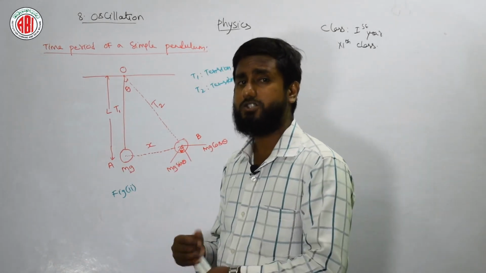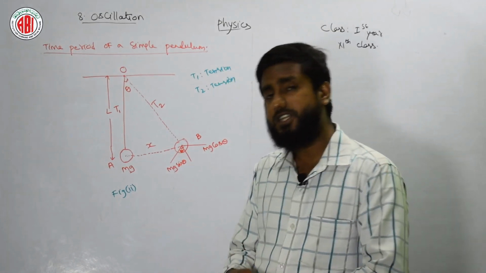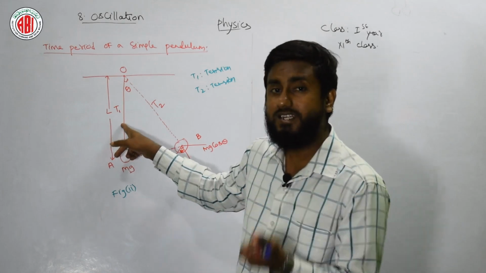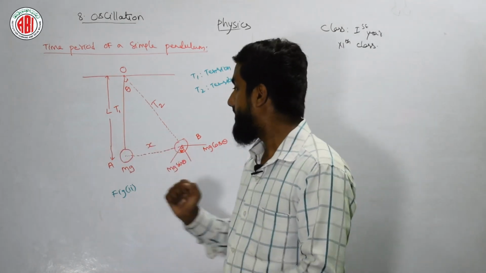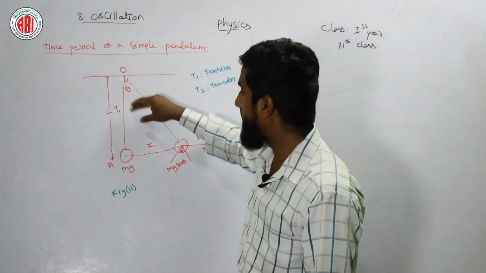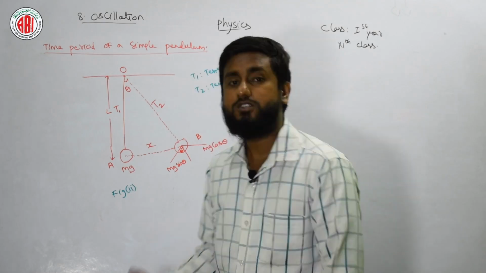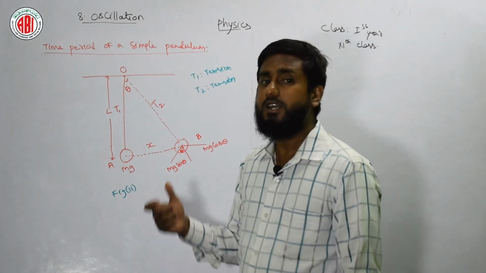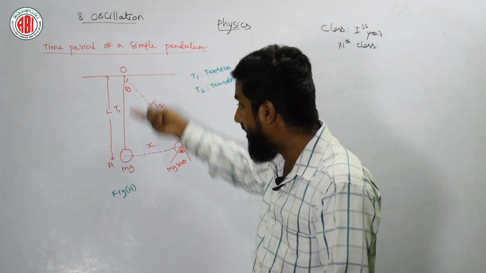From figure 2, at equilibrium position, the tension in the string T1 balances the weight of the bob in the opposite direction. That means you can see here, if I cut this string, what happens? The bob will fall down. So here we can say that this tension balances the weight of the bob in the opposite direction.